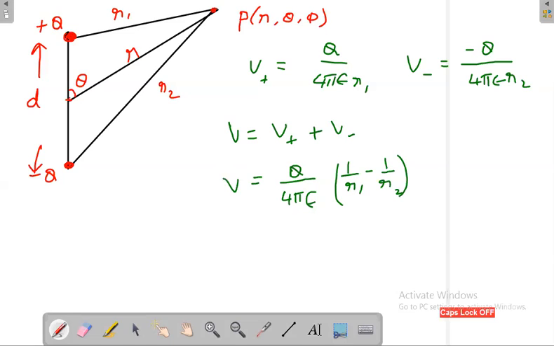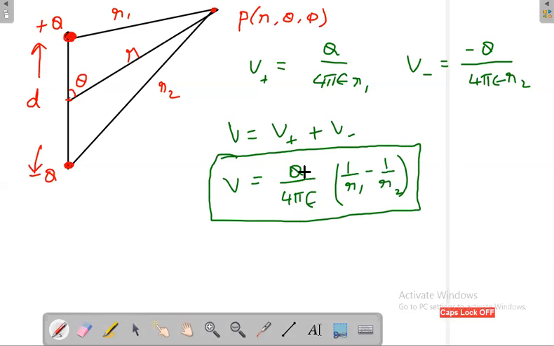That is my potential at a point P due to the dipole. Because I have only two charges of opposite nature, plus and minus, I am applying the superposition principle.